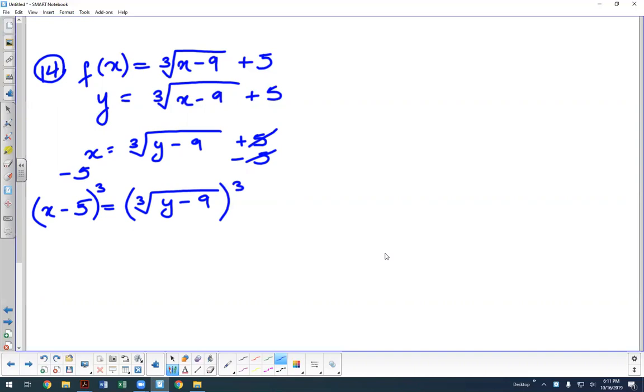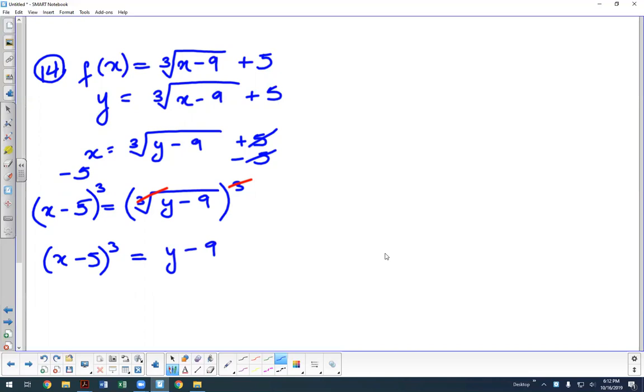So the cube and the cube root will cancel each other out. Leave this guy as it is. You don't need to multiply it or expand it out. Just leave it as x minus 5 to the third power. And on the right-hand side, since these guys canceled out, you're left with just y minus 9.